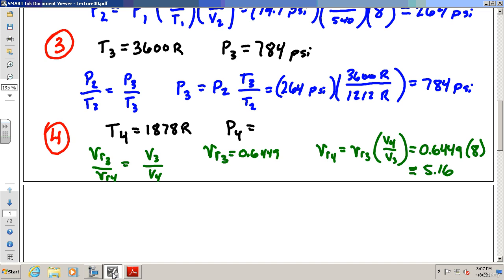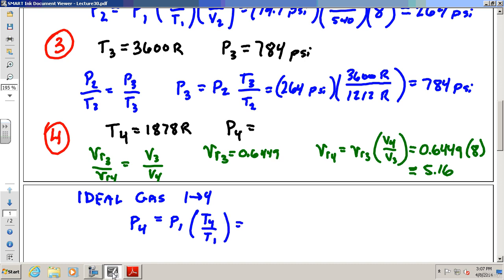Then, just like we did before, we're going to apply ideal gas. It's actually easier between 1 and 4, because that's a constant volume process, instead of between 3 and 4, which you could also do. So we apply ideal gas between 1 and 4. Then you can write P4 is equal to P1 times T4 over T1.